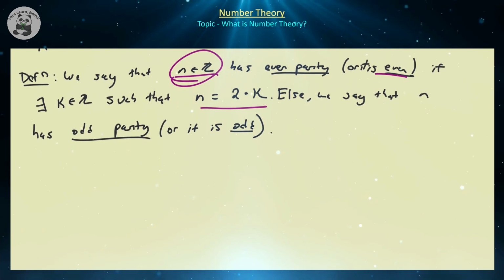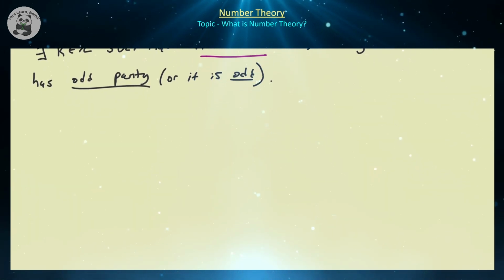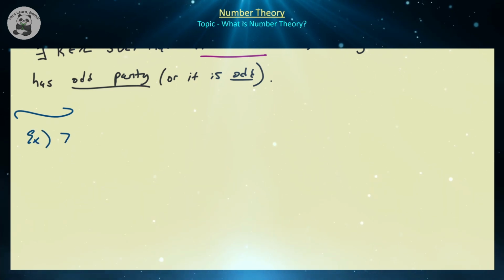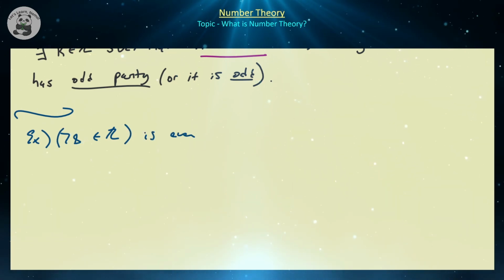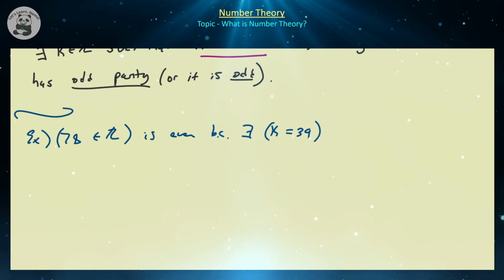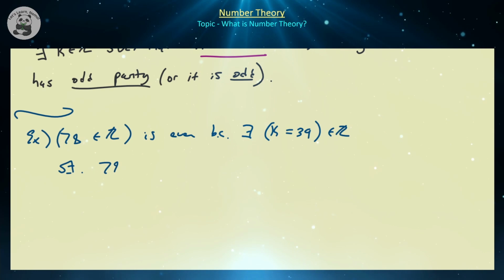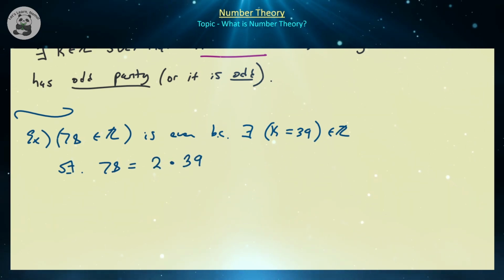So let's just work through a couple basic proofs of how to prove that an integer is even and how to prove that an integer is odd. So let's assume that we have 78, which is indeed an integer, and we want to say, okay, is this even or odd? So this integer is even because there exists some integer k, in particular 39, which is indeed an integer, such that 78 can be represented as the product of 2 times that particular integer.